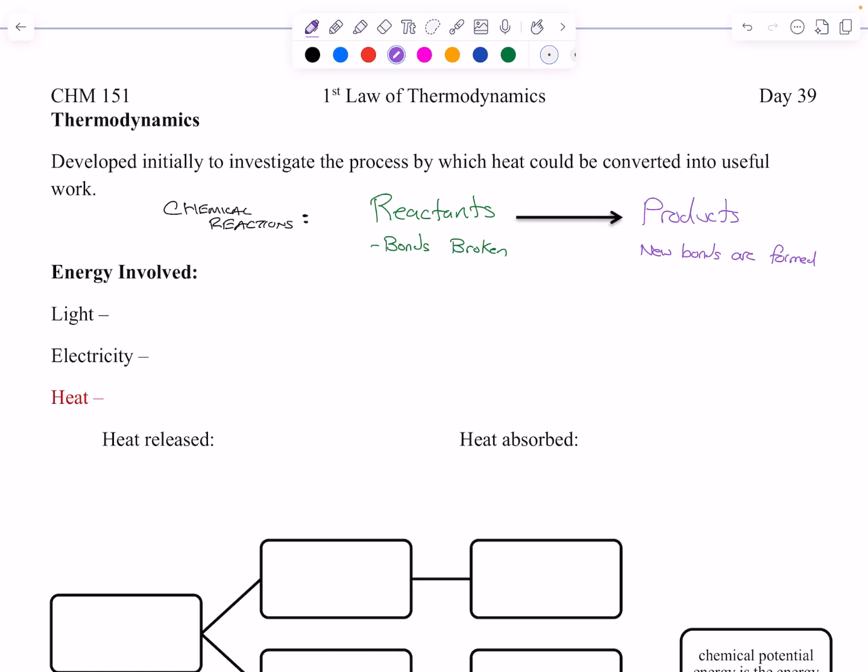And so, this chemical reaction is a rearrangement of atoms and a redistribution of electrons. So we're moving atoms and electrons around, all right?